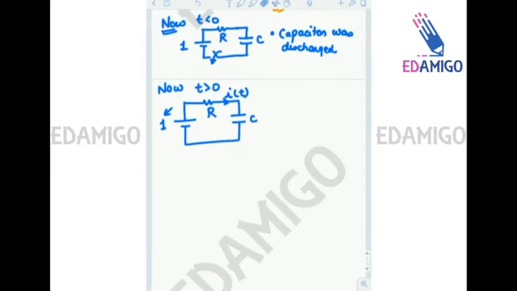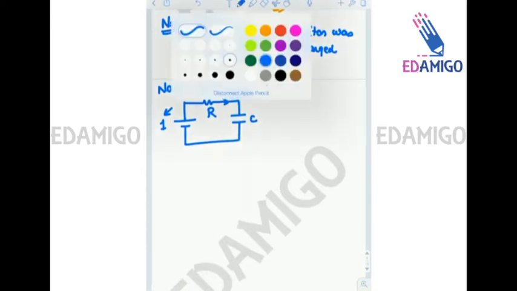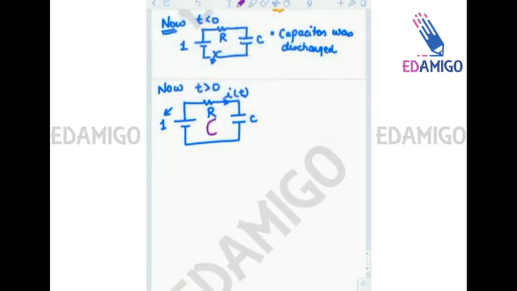Now if we write the KVL of this loop, it is very simple. For example this is point A, this is B, this is C, so the loop is A B C A. From A to B it is minus 1, B to C it is i(t) into R, C to A it is the voltage across the capacitance, v_C(t), that is equal to 0.